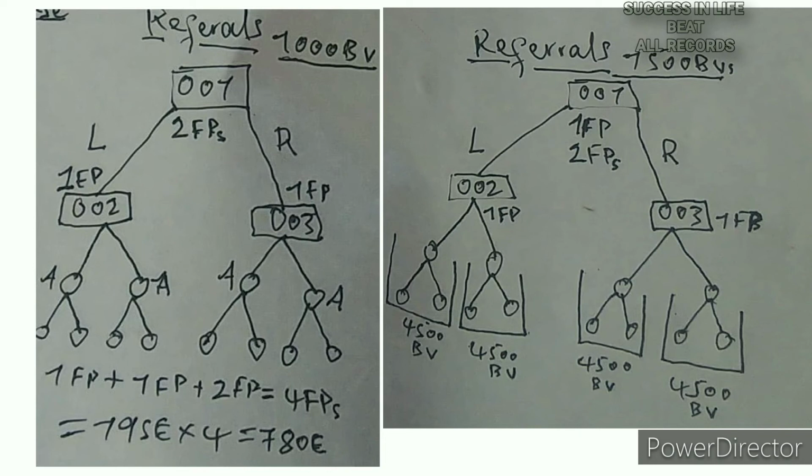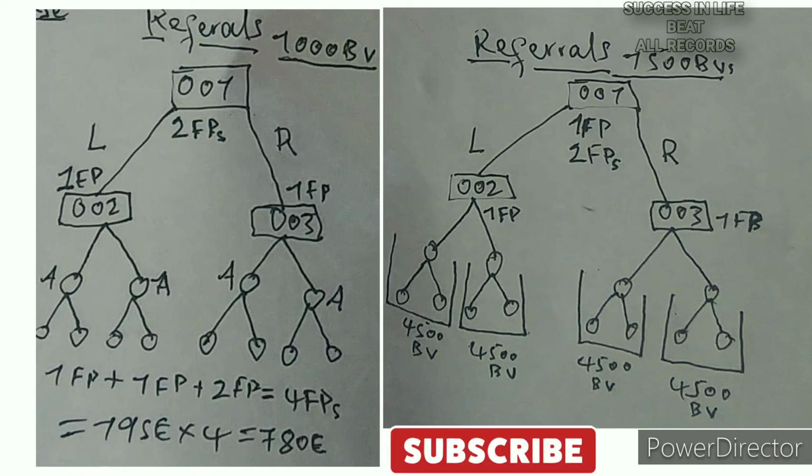I don't know if you understand. So that is it. And that's what Africans use. Most Africans, they use the 1000 BV plan. And that's why at times they have a very large team, but very little gains, okay? But their team is solid and sustainable, and has a possibility of being globally expanded as compared to the man using the 1500 BV plan. I don't know if you understand.